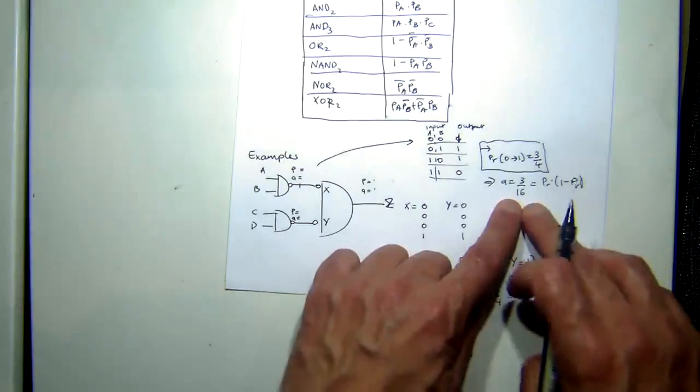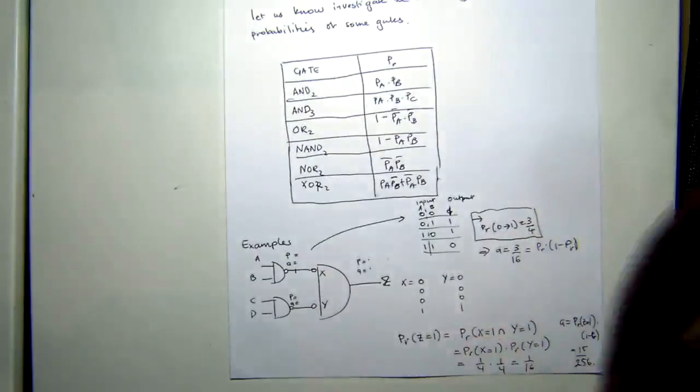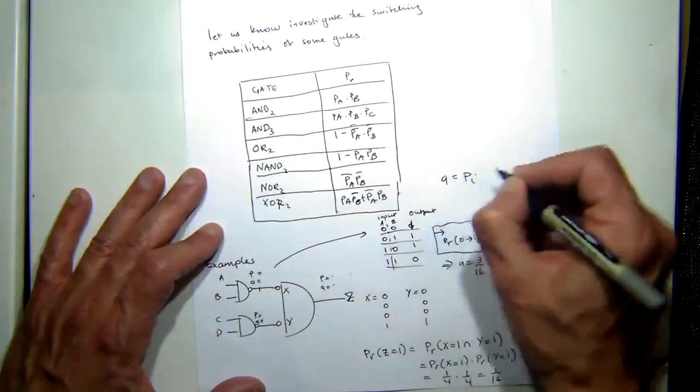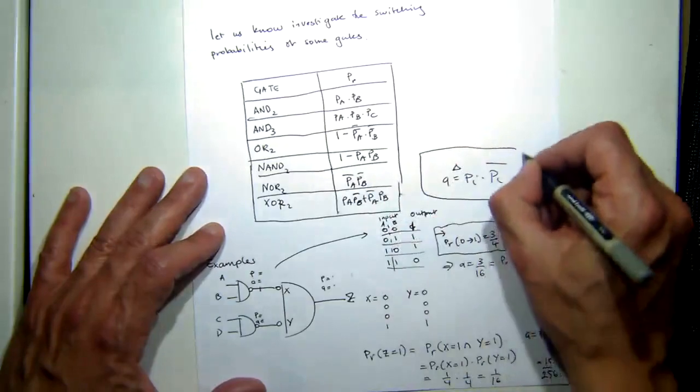What's the activity factor? I realise that I didn't define it anywhere. This is why you need to show up to lectures. The activity factor is pi times pi bar.